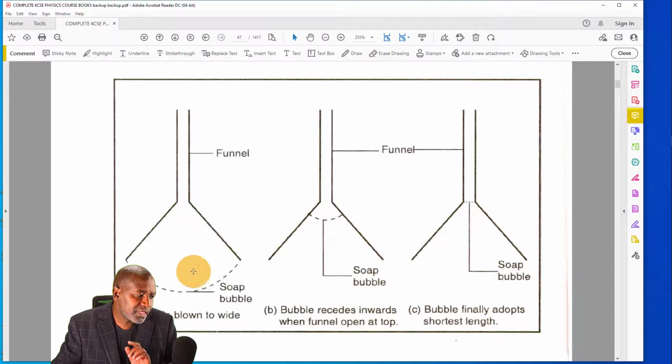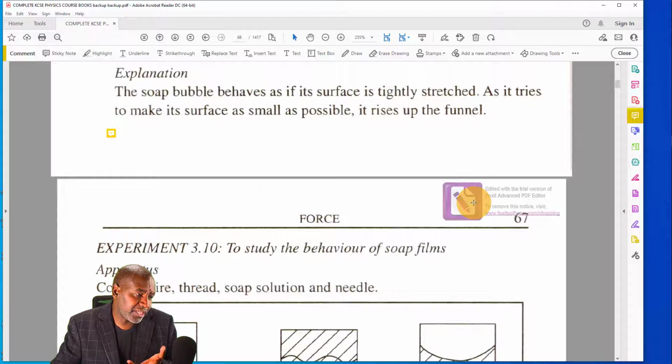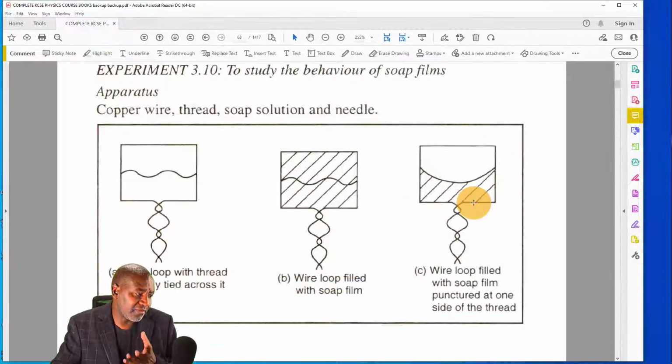The reason why this soap bubble shrinks like that is in an attempt to achieve the smallest surface area. The moment it reaches this point, it doesn't move any further because the surface area at this point is equal to the surface area at that point. Again, the observations and the explanations are given.